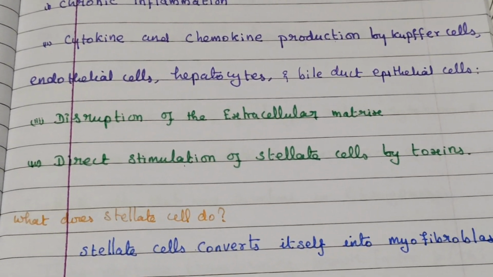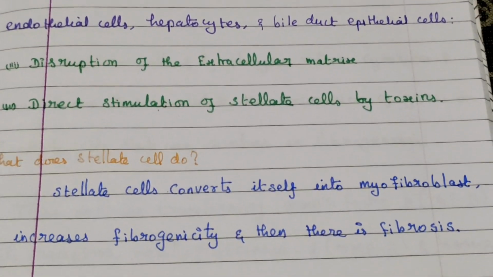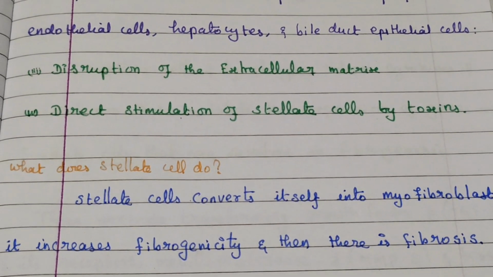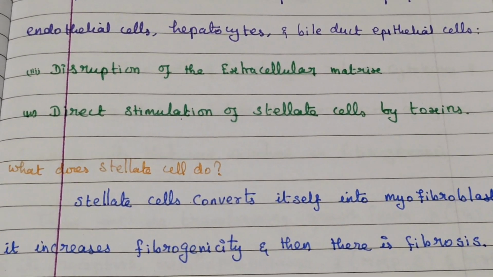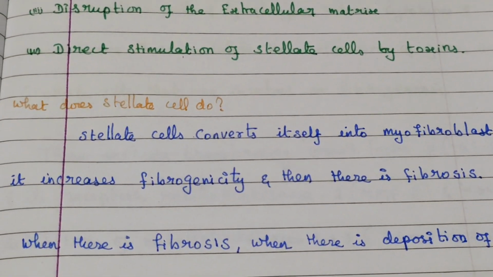Now, what does the stellate cell do? The stellate cell converts itself into a myofibroblast. It increases fibrogenicity and then there is fibrosis.